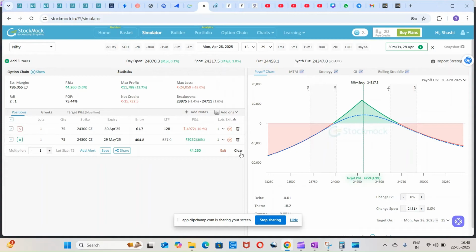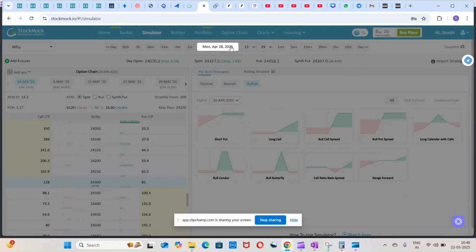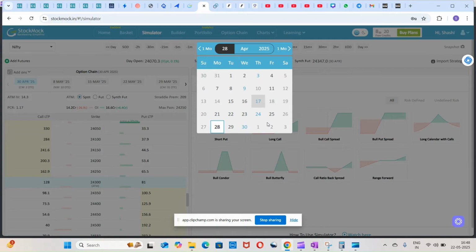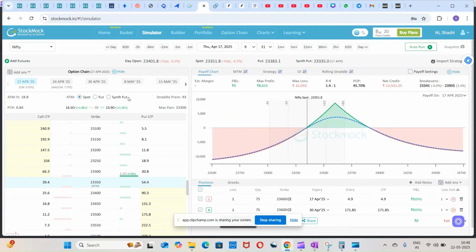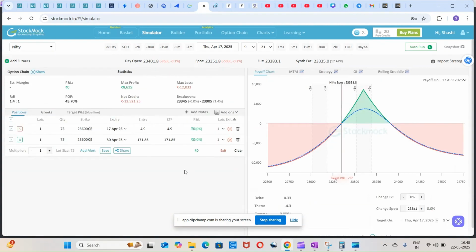Let's test this on April 17th also, which is an expiry day. This requires more capital on expiry day because of a new rule by SEBI. On expiry day, the calendars now require more margin.